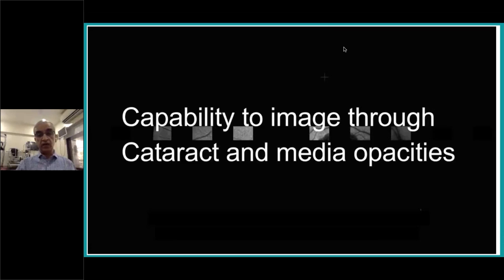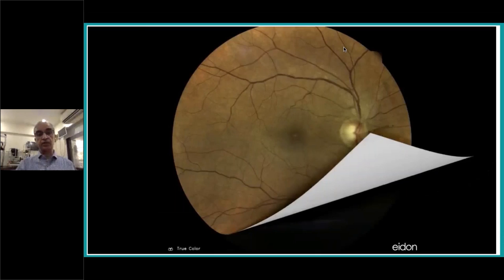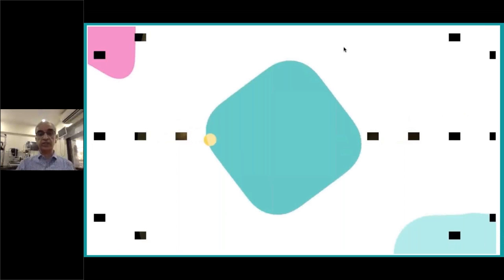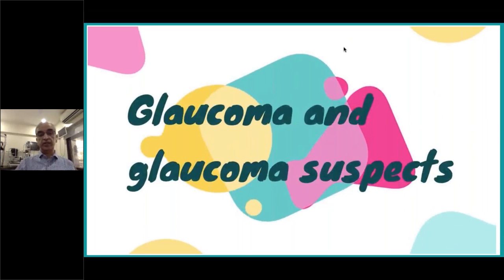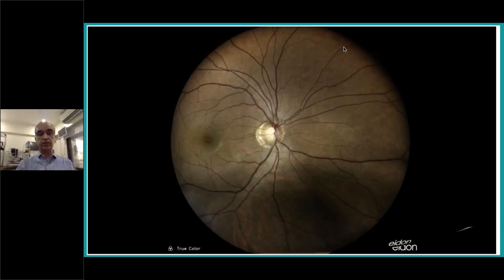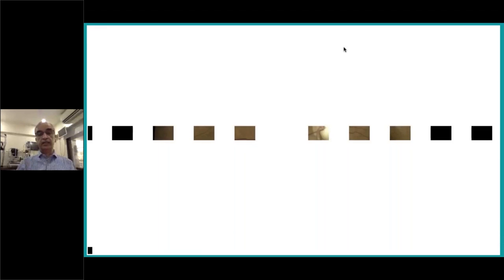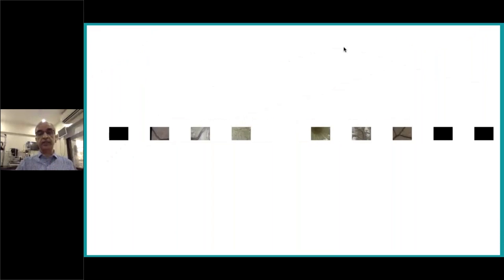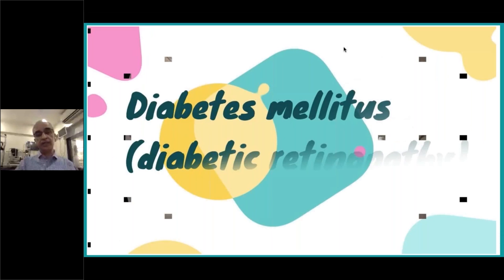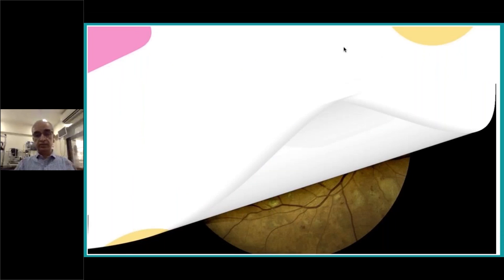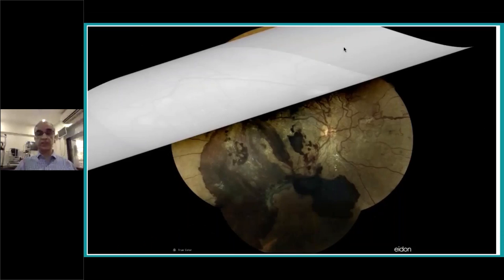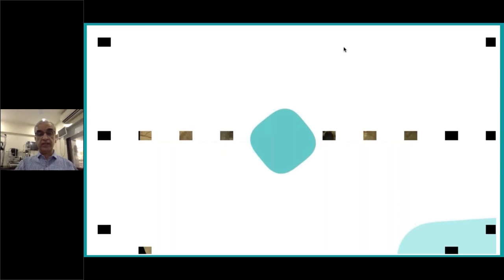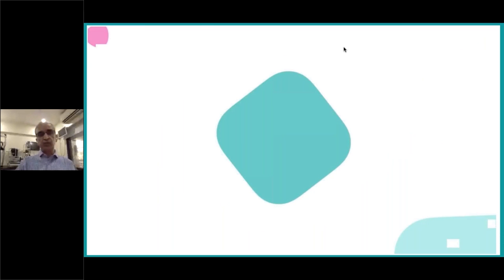And this is how, as you said, through a cataract also you can see images, through vitreous hemorrhages you can see the image. For glaucoma patients, glaucoma suspects, you see the disc, and then do an OCT and then a perimetry. And if we see a patient has optic nerve disease, then we subject this to the advanced tests. Diabetic retinopathy. Age-related maculopathy.